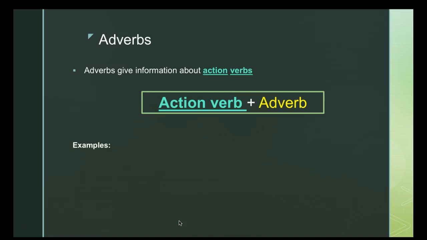So some examples. She talks intelligently. Talks is the action verb. Intelligently is the adverb. I drive slowly. Drive is the action verb. I can do this, I drive. And slowly describes how I drive. I drive slowly.